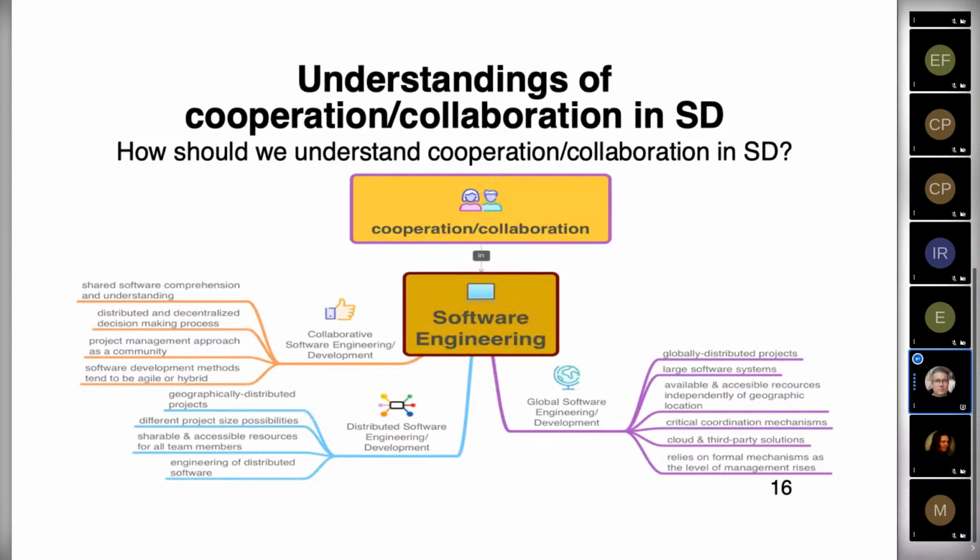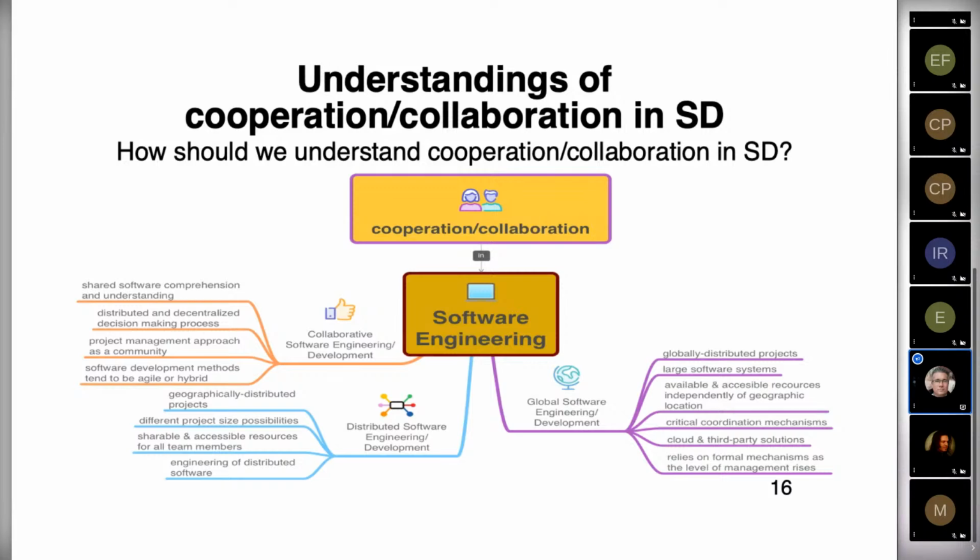Nowadays you can find three ways of talking about cooperation and collaboration in software engineering. The first one is known as collaborative software engineering or development. The second one is known as distributed software engineering and development. And the last one is known as global software engineering and development.